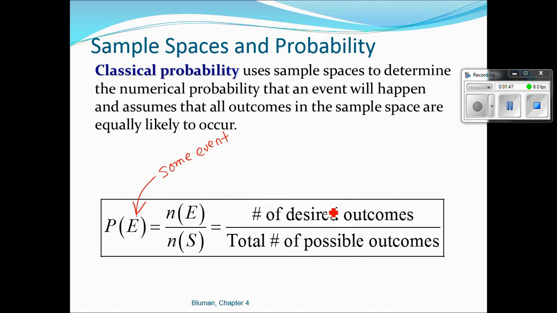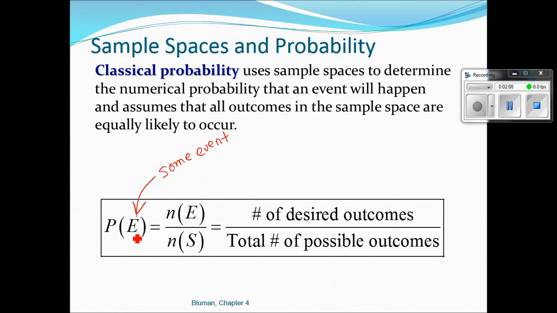N of E is the number of desired outcomes. Desired can be tricky because sometimes you think it's a good thing. Desired does not always mean a good thing. What's the probability that you contract Ebola right now? Not very high. It's definitely not desired, but it's what we're talking about.